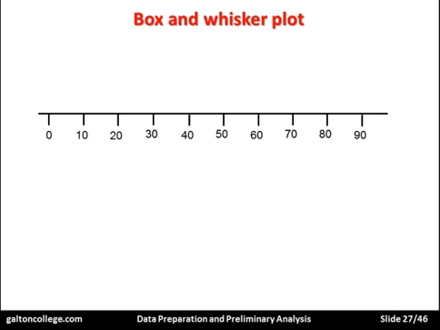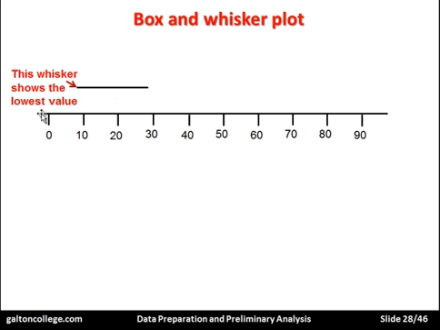We have the number line. So we start at 0 and we go up in tens. So 0, 10, 20, 30 and so on. Now, if we put a line down, we call it a whisker. Think of a cat and think of whiskers.